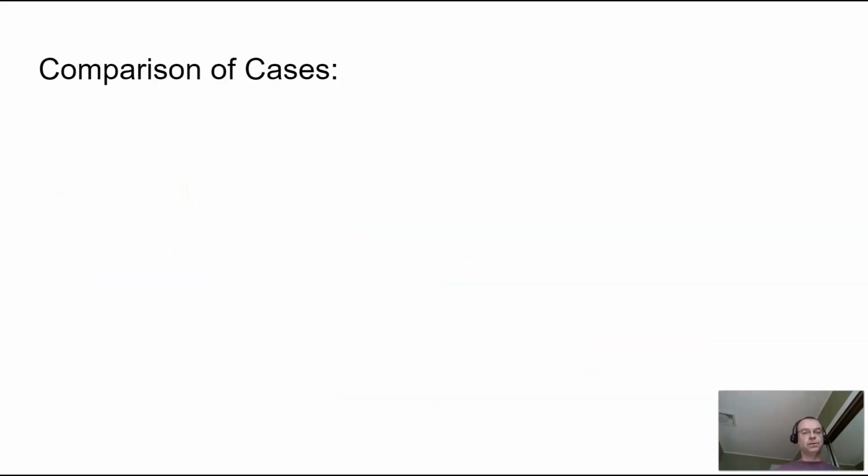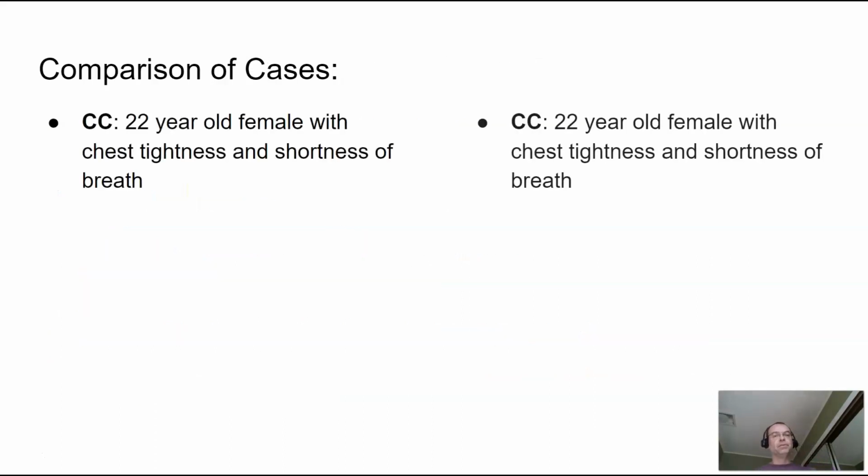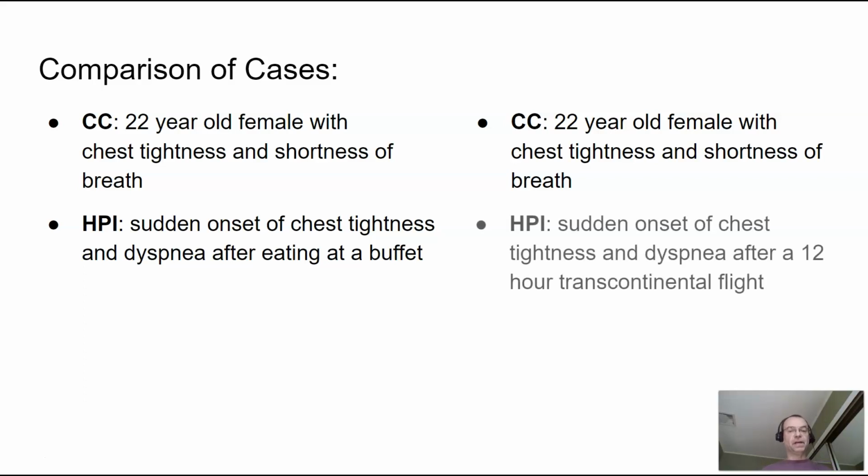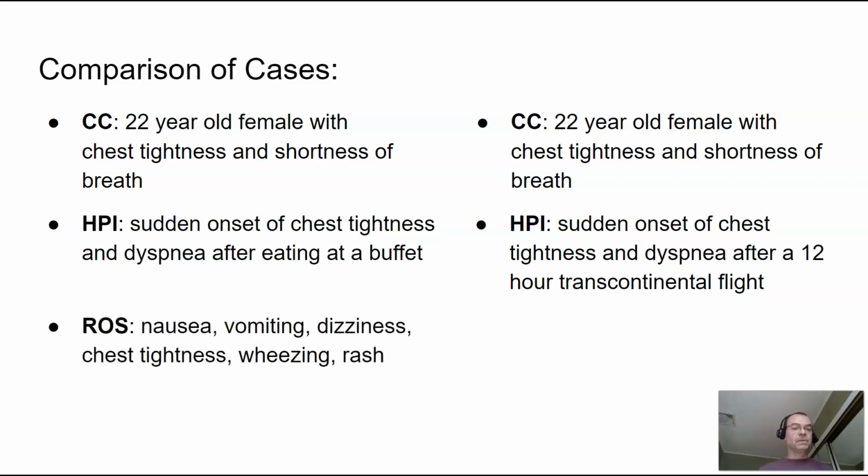So let's compare the two. Both 22-year-old females with chest tightness and shortness of breath. Whereas one has an onset after eating at a buffet, the other has an onset after a 12-hour long flight. Nausea, vomiting, dizziness, chest tightness, wheezing, and a rash. Chest tightness and dyspnea for her review of systems. A little different there.